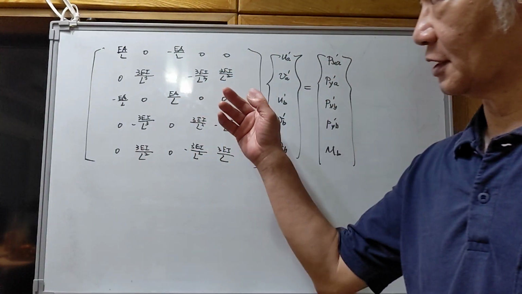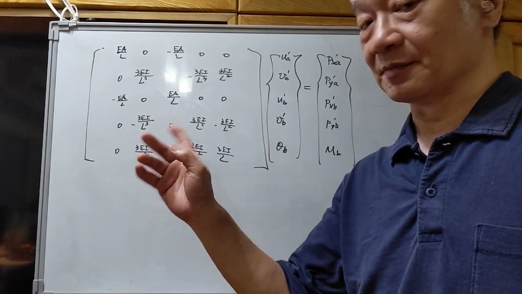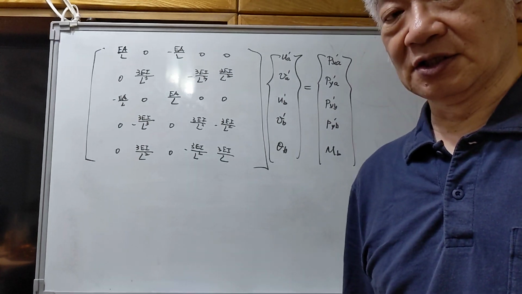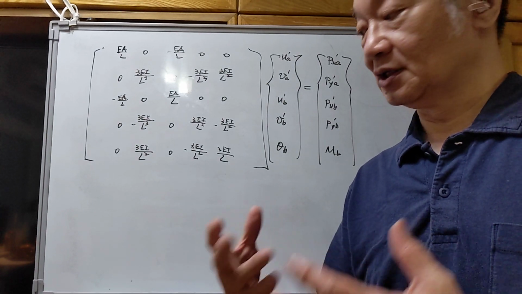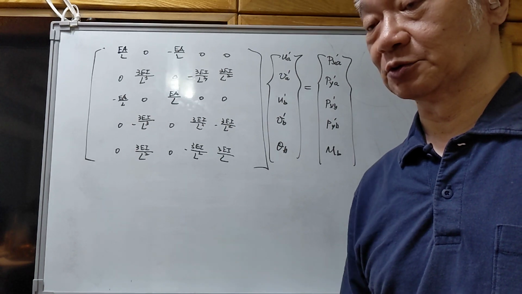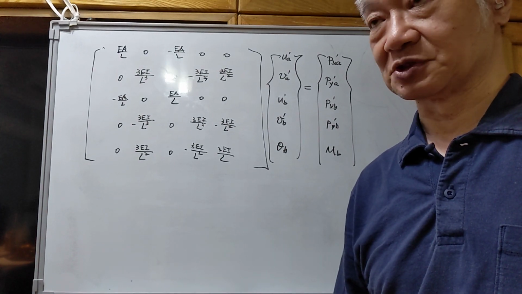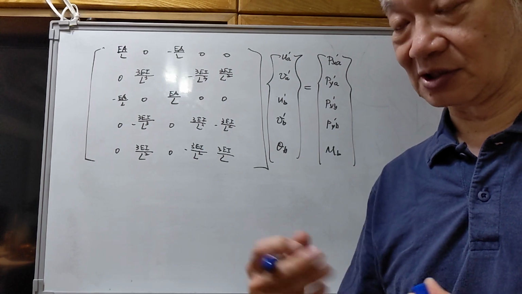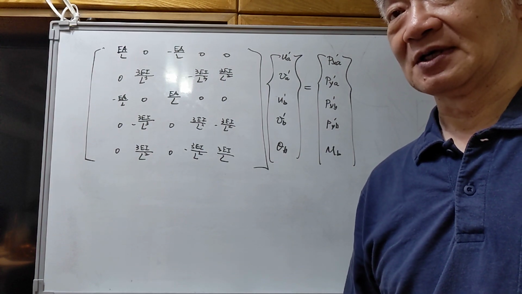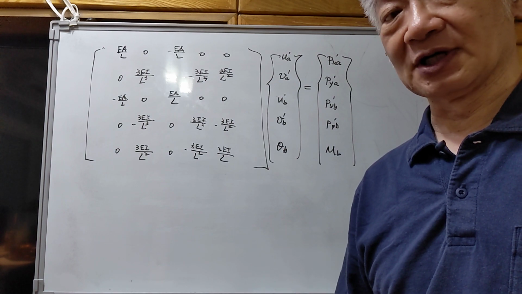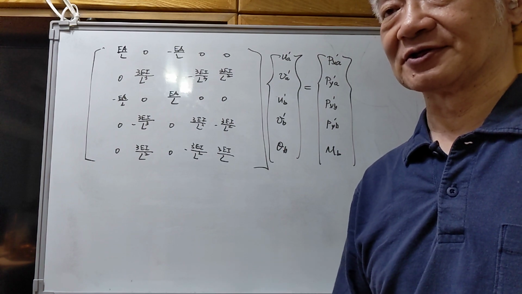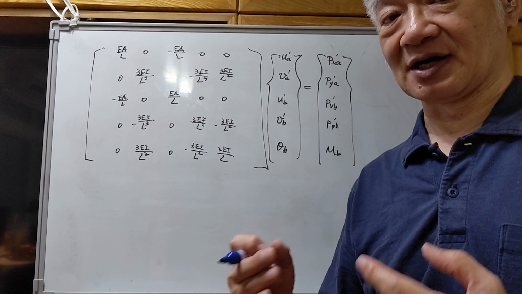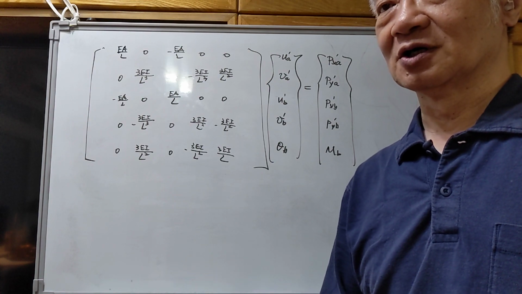Okay, so that's the condensed matrix. But when we try to develop a method used for the computer, there are some special considerations. We would like to develop a method which can be applied to all elements.